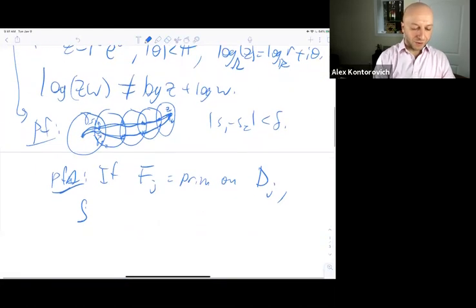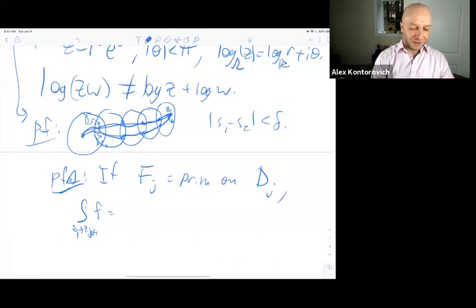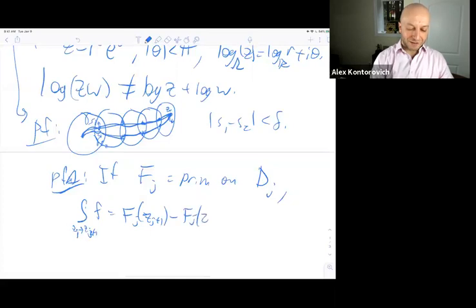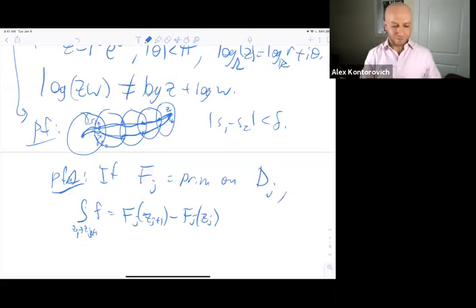The integral from zj up to zj plus 1 of the function f that we're trying to evaluate is the jth primitive at zj plus 1 minus the jth primitive at zj, and they differed by, you remember this, right?